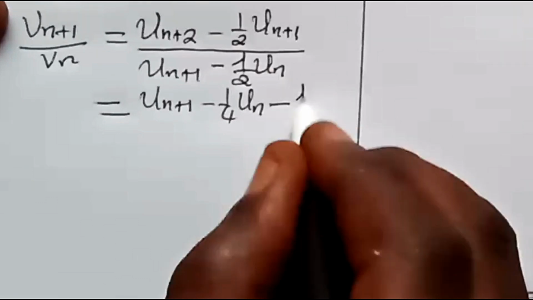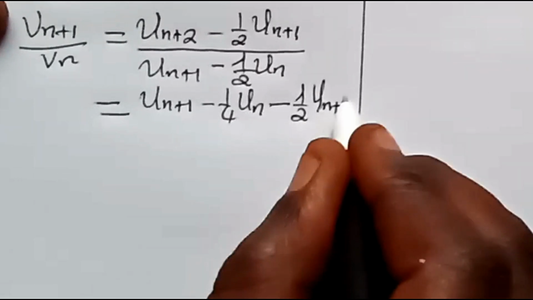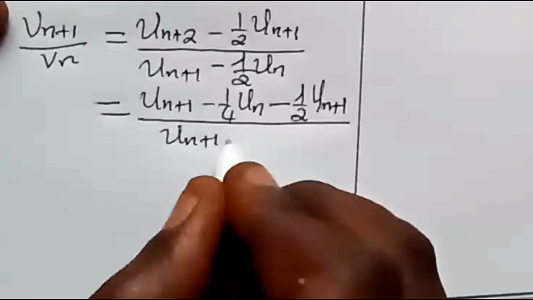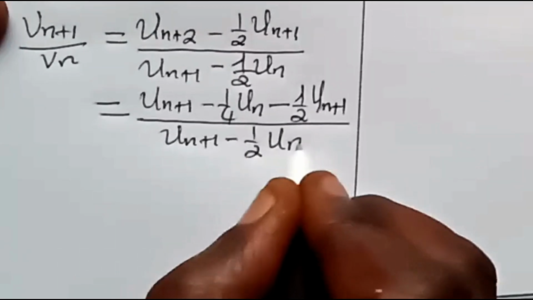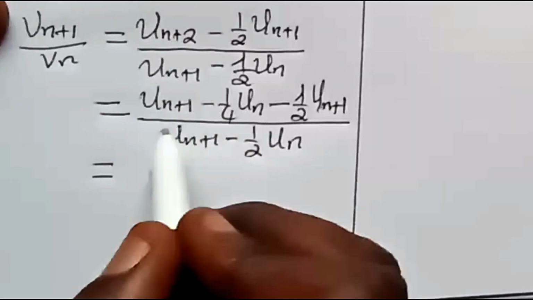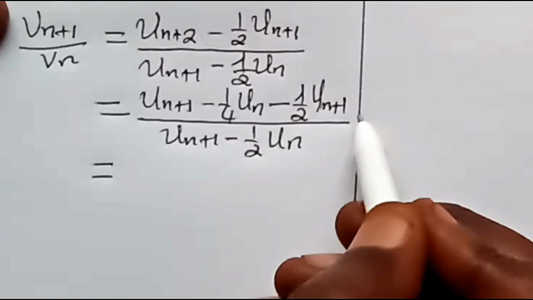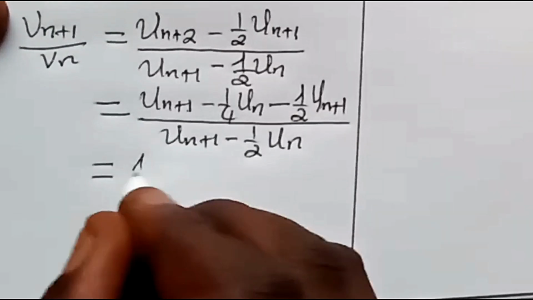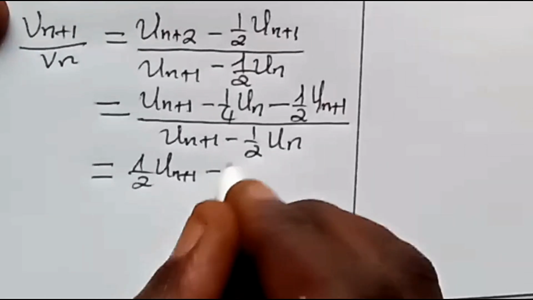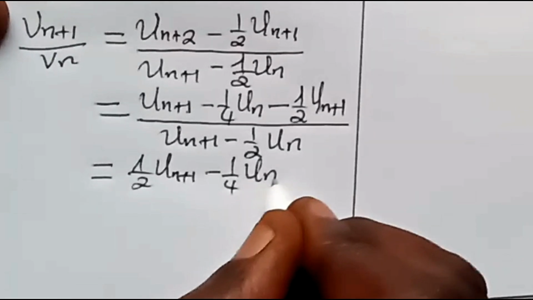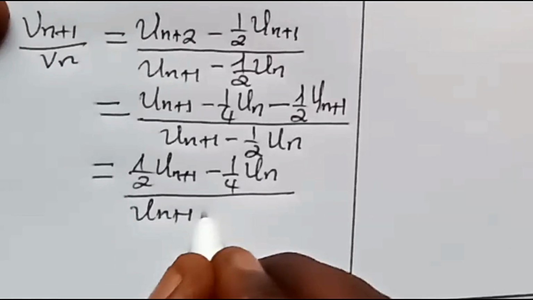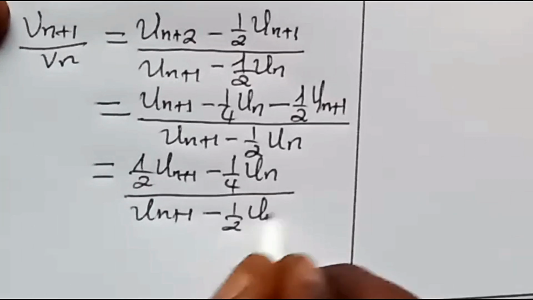Then minus this other term, half un+1, all over un+1 minus half un. This gives un+1 minus half un. A whole minus half gives half, so half un+1 minus 1/4 un, all over un+1 minus half un.